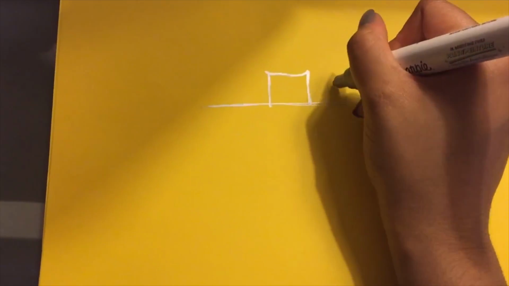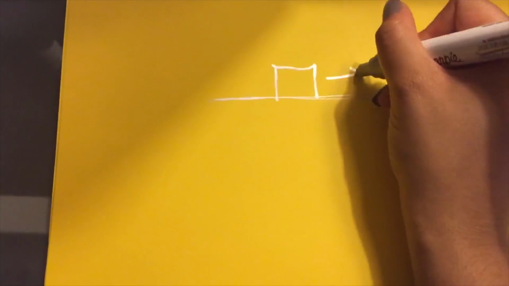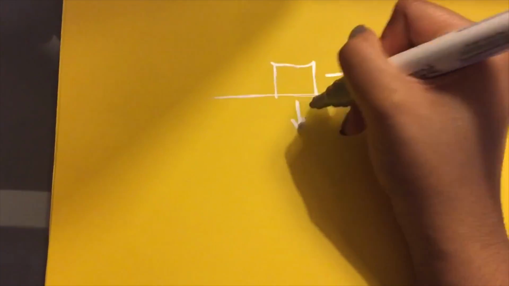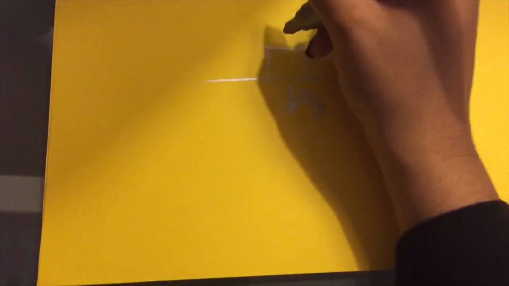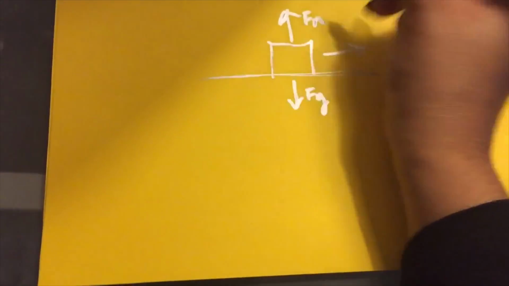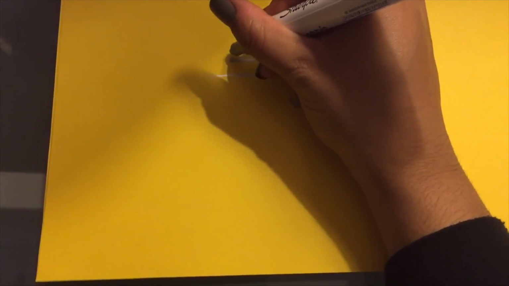There's of course some sort of resistance, and we call that resistance frictional force. So say you have an object on a plane, so a box, and you have to move it, and you're pushing it in that direction, and you have force of gravity going this way, normal force this way. You're going to have frictional force that way.